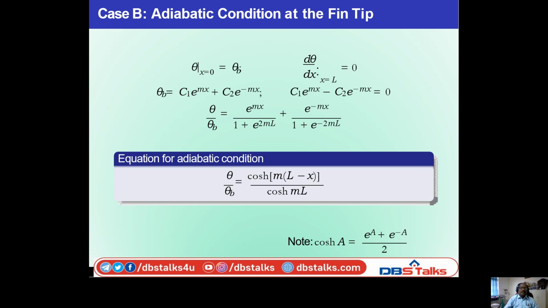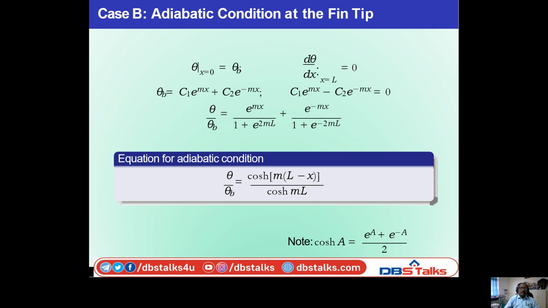The first boundary condition is at x equal to 0, the same, theta equals T minus T infinity, that is theta suffix b. When x equals L, if it is insulated, there is no heat transfer, so the derivative of theta becomes 0, that is d theta by dx equals 0.